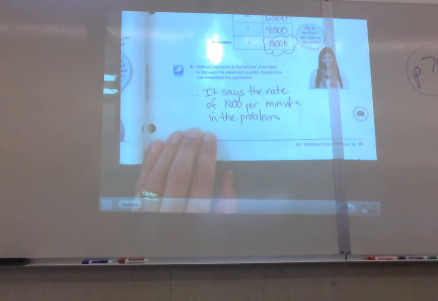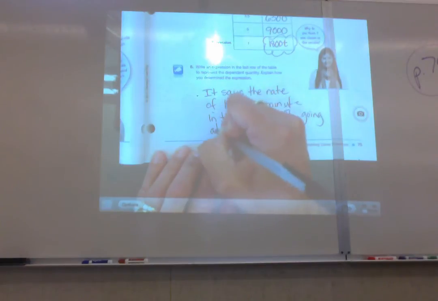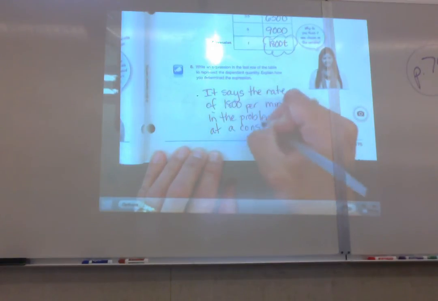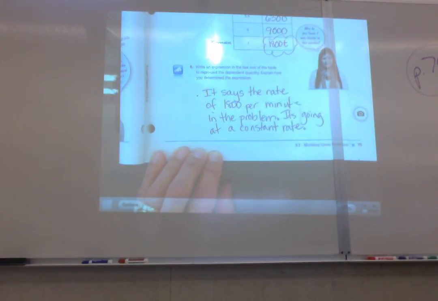Because it's going at a constant rate, so after every single minute, it would be doubling or tripling in constant. Okay, so we were able to use the constant rate idea. Yes, Sam? Instead of having, let's say you have 100 independent quantities, if there was 100 minutes, then it would be a lot better to just multiply 1,800 times your variable, instead of adding it.